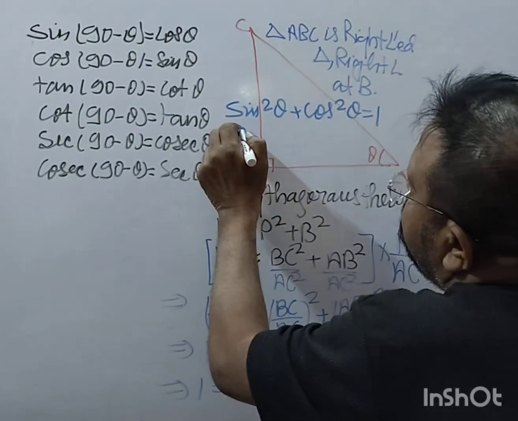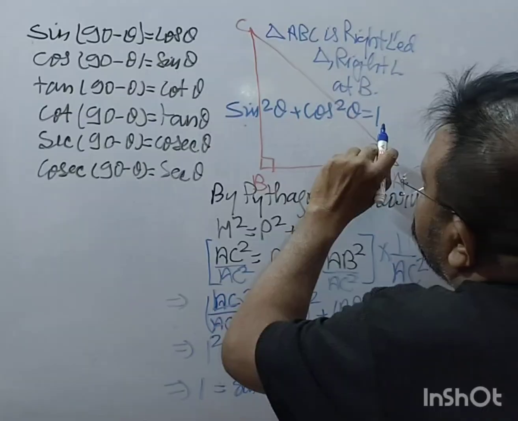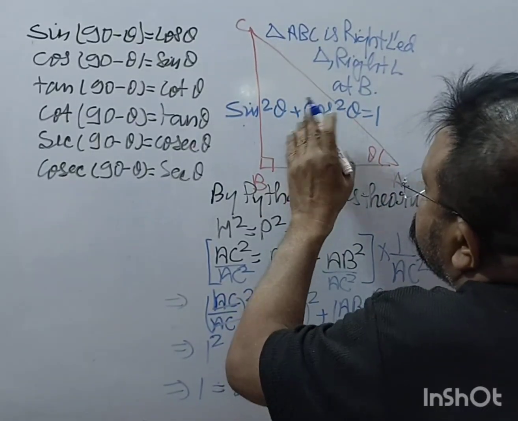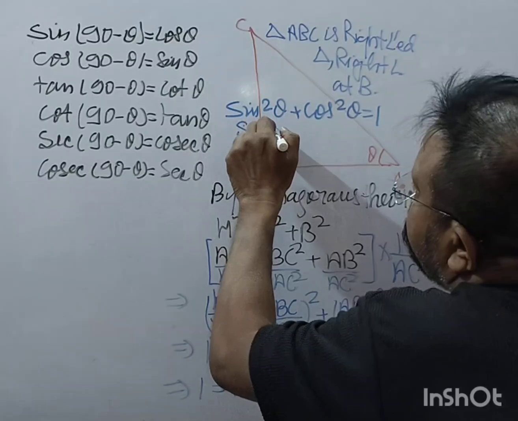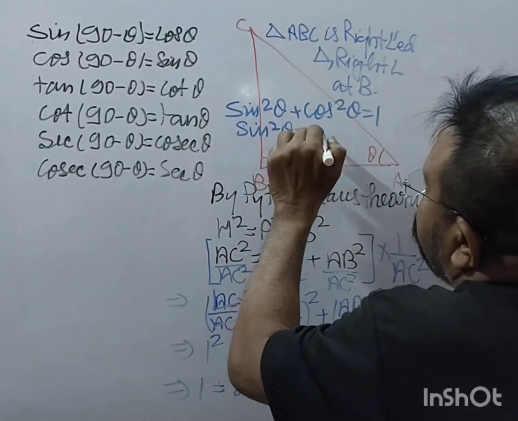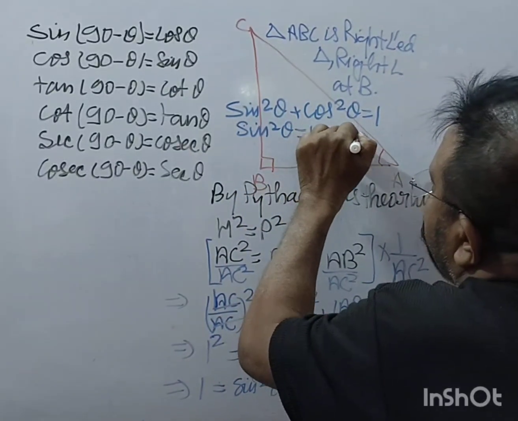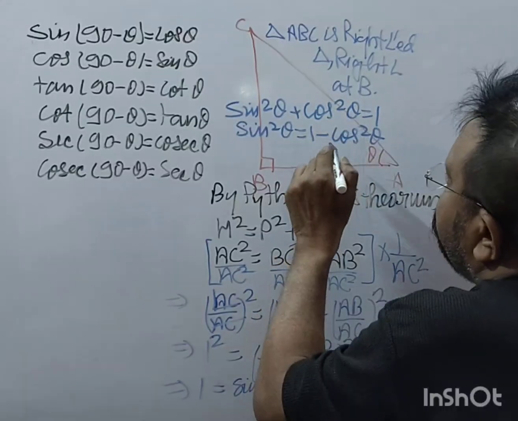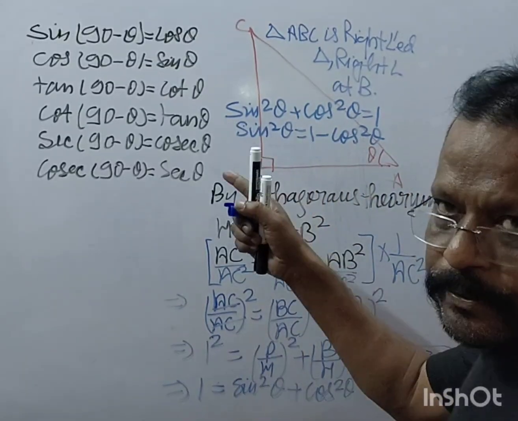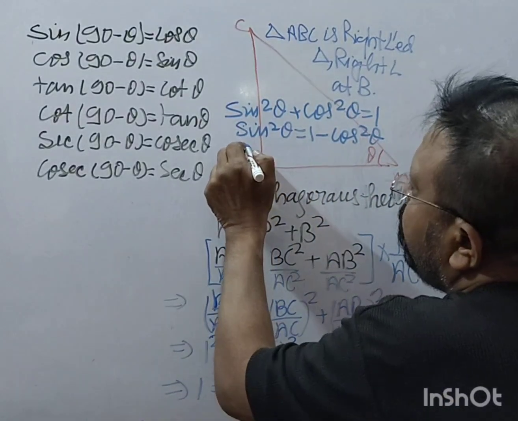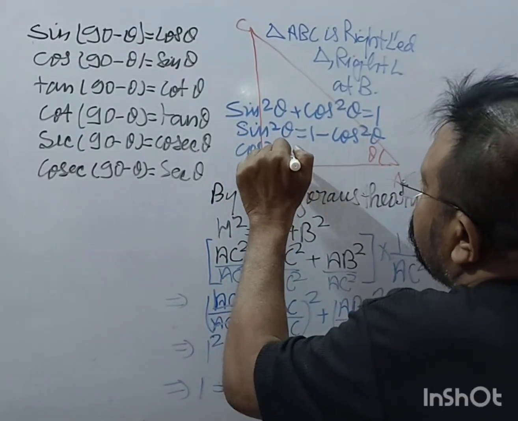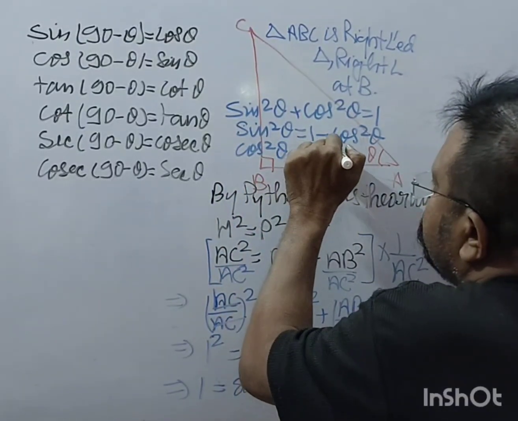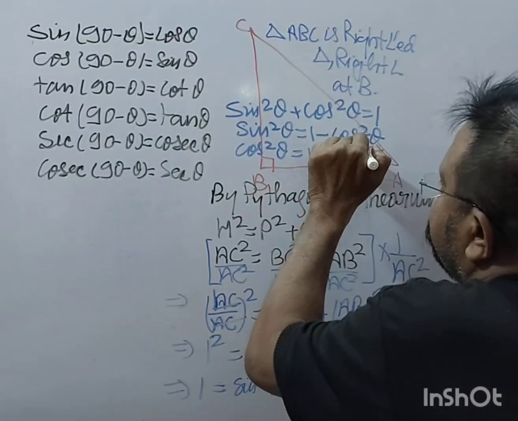So we can write sine square theta is equal to 1 minus cos square theta. Or we can write cos square theta is equal to 1 minus sine square theta.